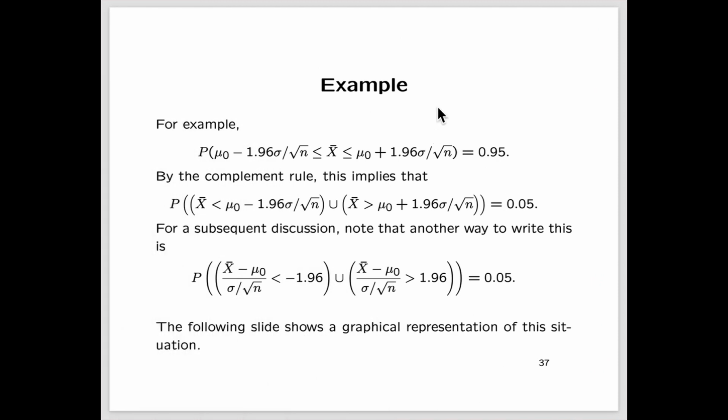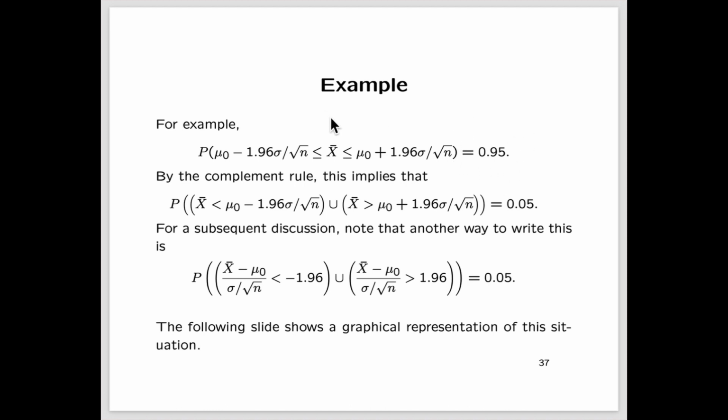Now, for a particular example, if the null hypothesis is true, the probability of getting a hold of a sample for which the sample mean is between mu sub 0 minus 1.96 times sigma over the square root of the sample size and mu sub 0 plus 1.96 times sigma over the square root of the sample size, that probability is 0.95, rather large.